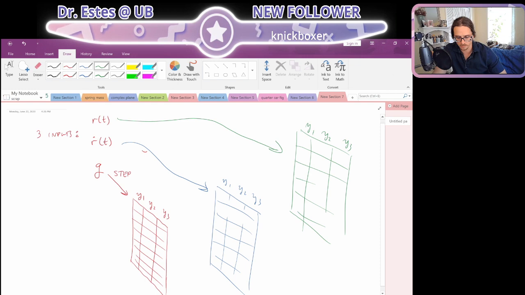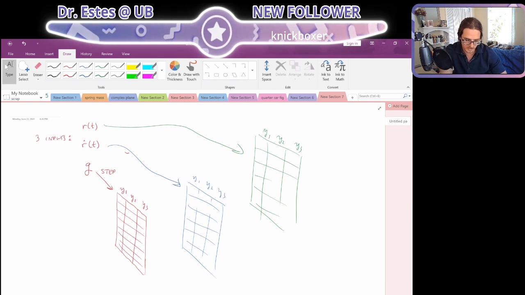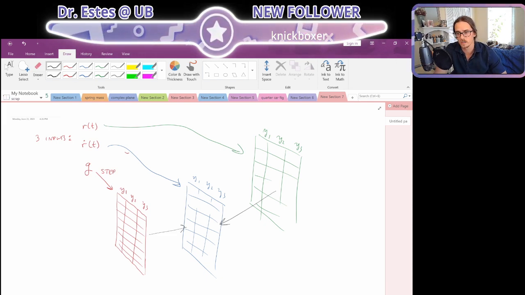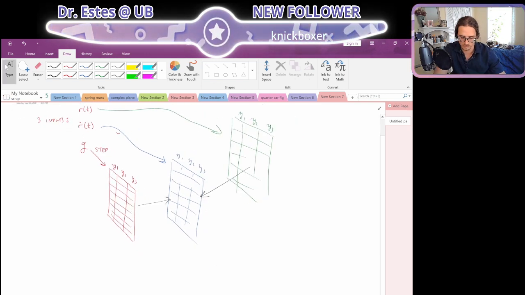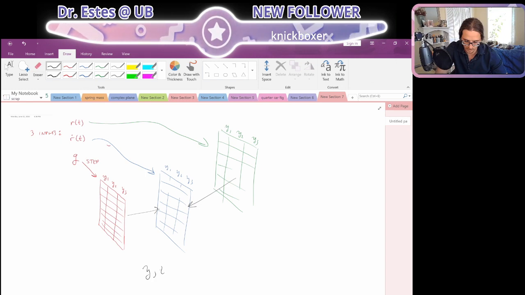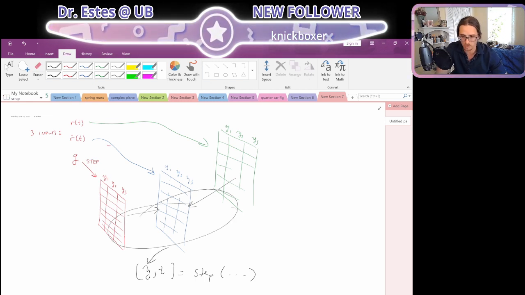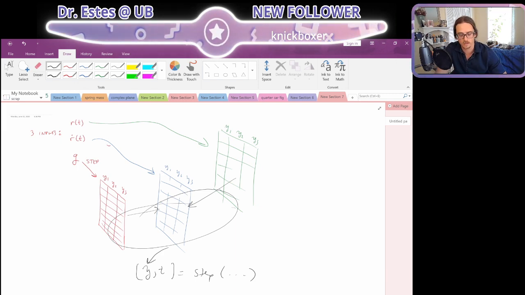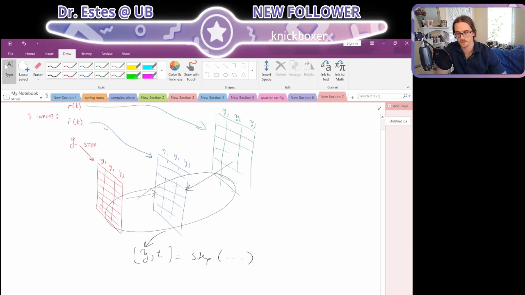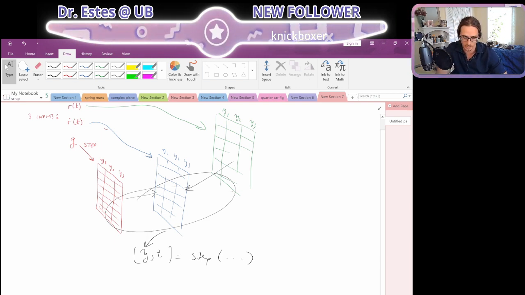Now, when you call the step command, it smashes all 3 of these matrices together. So when you do y, t equals step, the y that it returns is these three matrices all put together. So it's three-dimensional. Three two-dimensional matrices all slapped together.